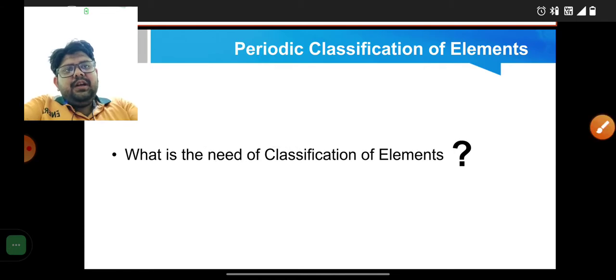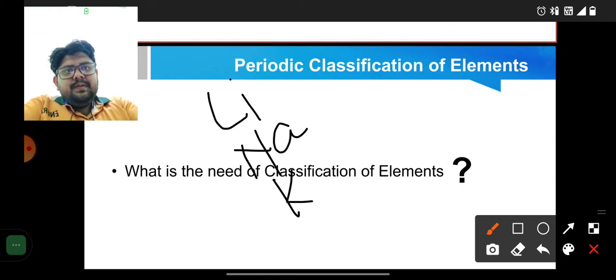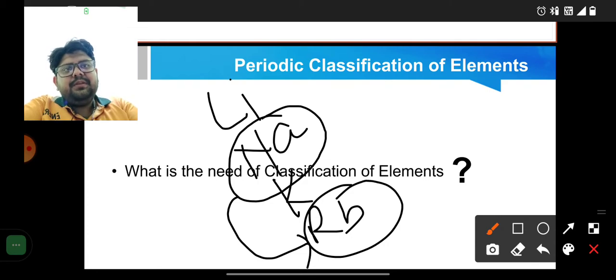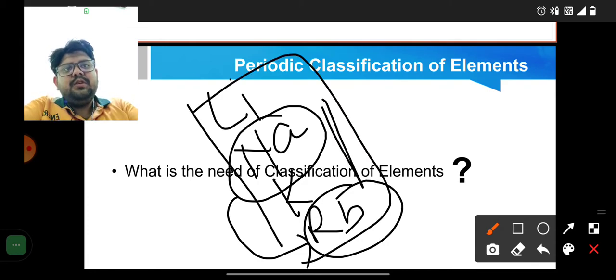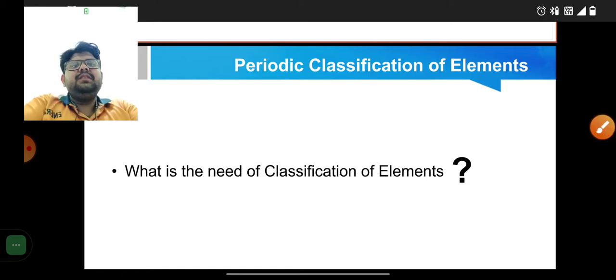So whenever we understand the properties of this sodium atom, then automatically we will understand the properties of this rubidium atom, since it is placed in the same group. So for this, the classification of elements is very necessary.